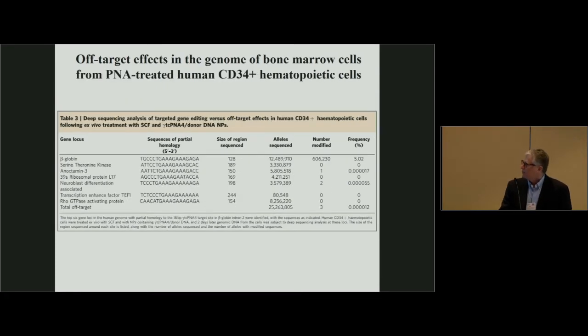In the human cells, interestingly, we saw almost no sequence changes in the closely homologous sites, so that the off-target frequency out of about 25 million reads was 100,000-fold lower than in the target site, which was at about 5%.